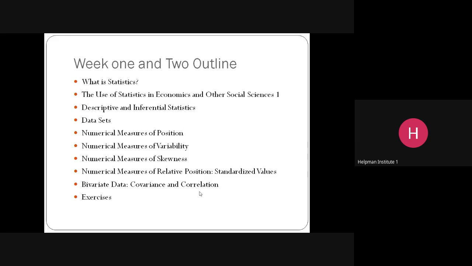So we talked about descriptive and inferential statistics. Descriptive statistics give more or less a description of how the data behaves, what it looks like, whether it's skewed to the left or to the right. That's what descriptive statistics tends to do. Inferential statistics help us make inferences regarding some parameters in a given set of data.